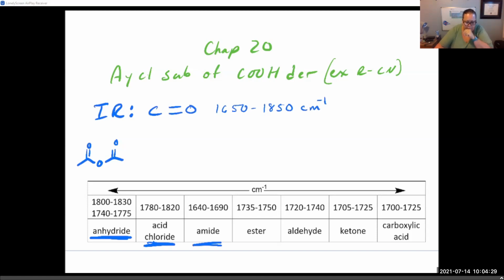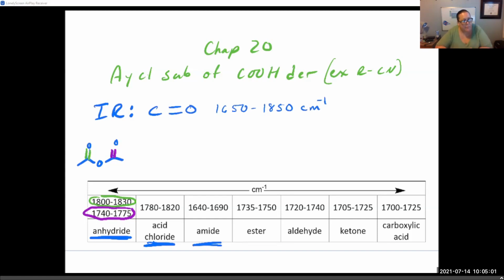Which is this species right here. And what we're going to see is two different stretches. The reason we have two different stretches is because we have two carbonyls. Now, I know, and I know that you know, that those two carbonyls due to symmetry are identical.